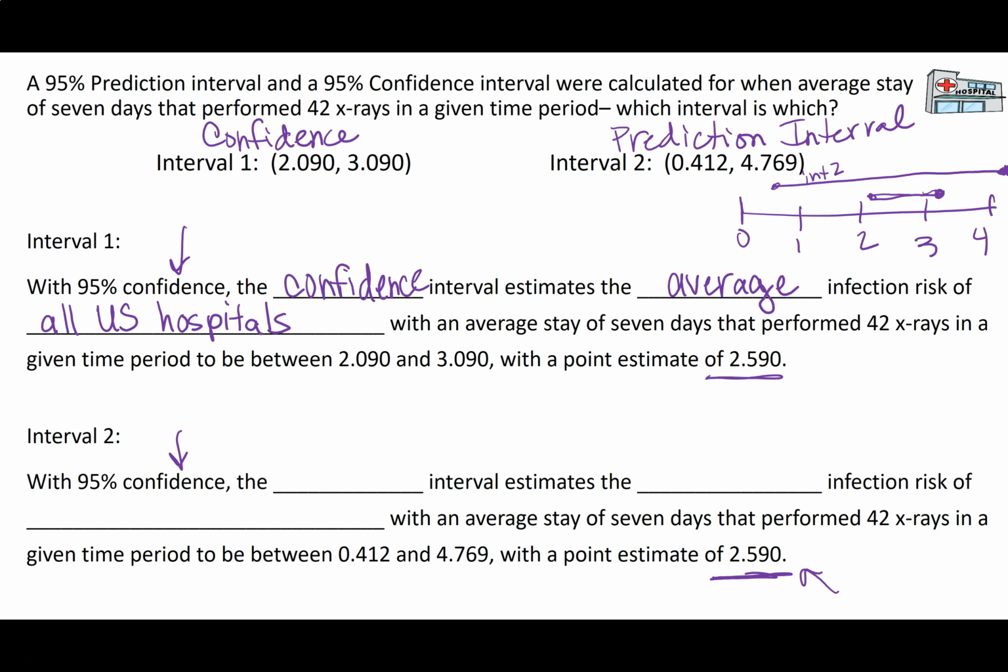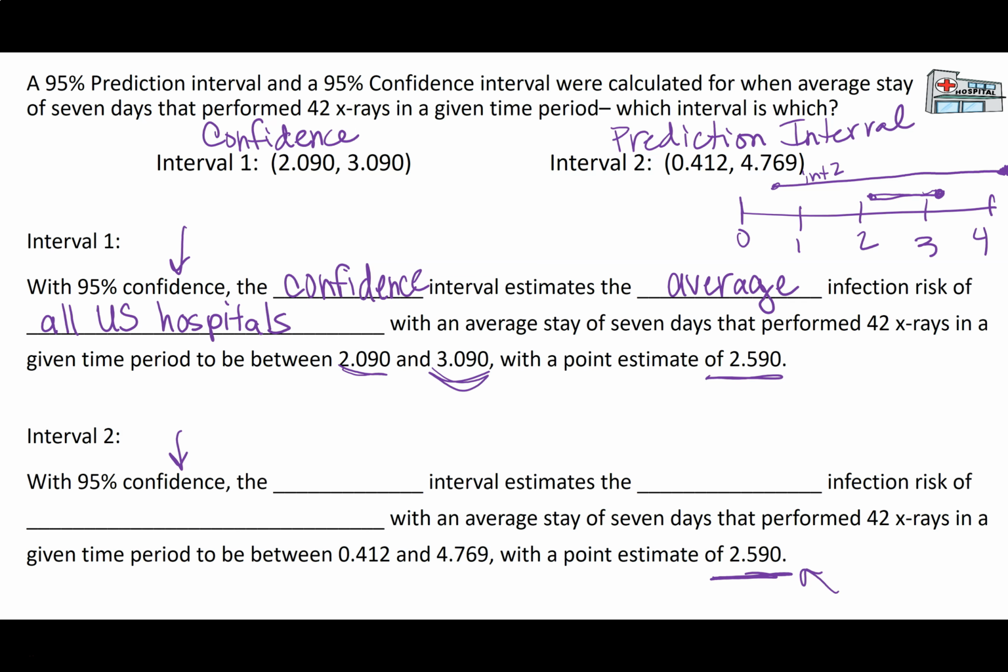So the infection risk of all U.S. hospitals that have an average stay of 7 days and perform 42 x-rays in that given time period has an average infection risk between 2.09 and 3.09 with a point estimate of 2.59.